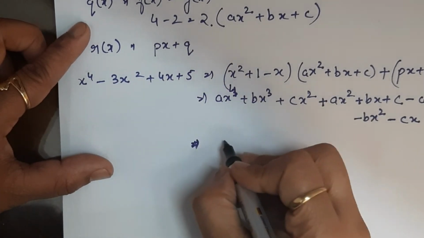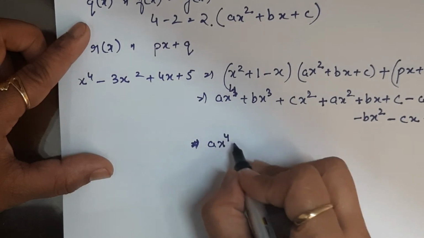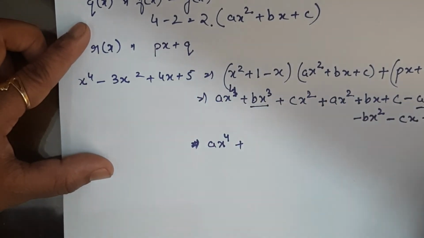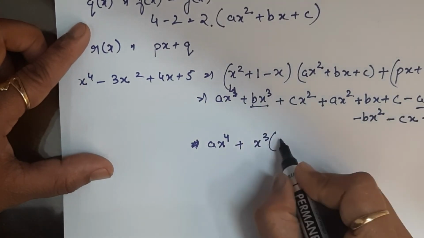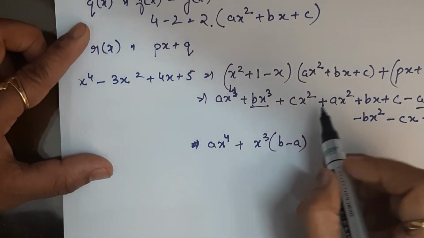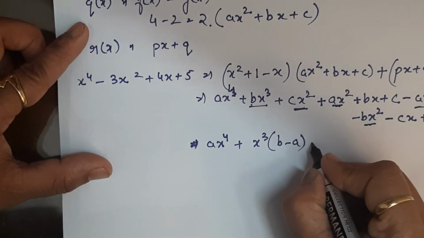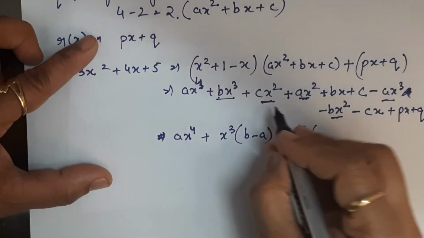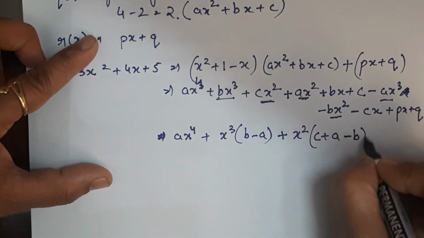Now group them according to the power. ax^4 we have. Then bx cube, only 2 terms have x cube, and we are left with b minus a. Now x square, this 1, 2 and 3, plus x square I have taken common. What is left? c plus a minus b.